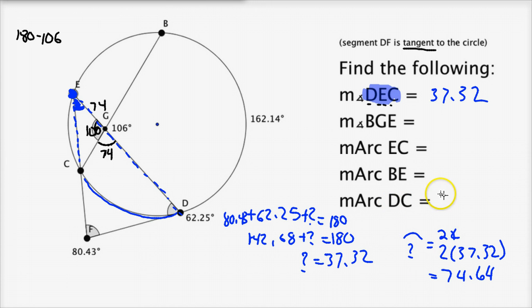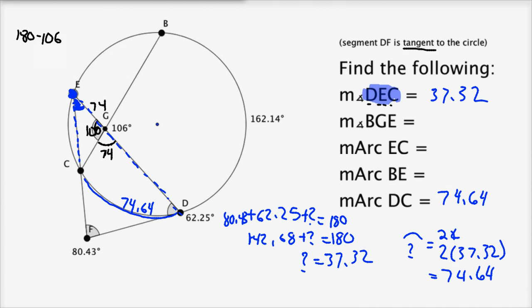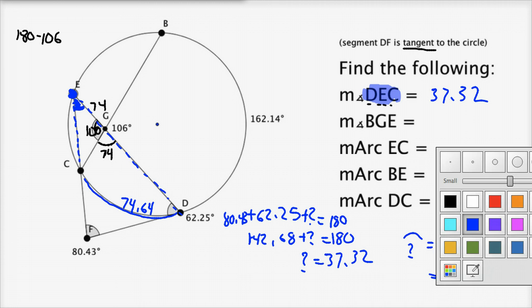Do we have DC? Hey, look, that's the last one we have to find, 74.64. Okay, let's write that in here, 74.64. And then how about arc BE? Let's do this one in a little bit different color. How about some red?